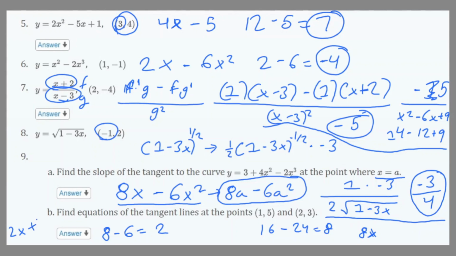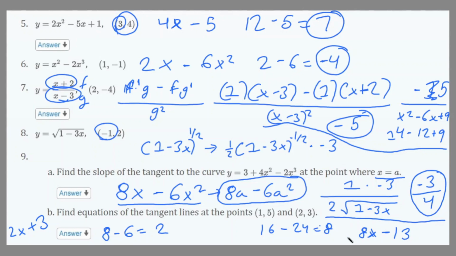So that would be 2x plus 3. And then since this is 2, 3, and the slope of this is 8, if we go back 2 x units, we go down 16 units. So that would be 8x minus 13. And those are your equations for B.